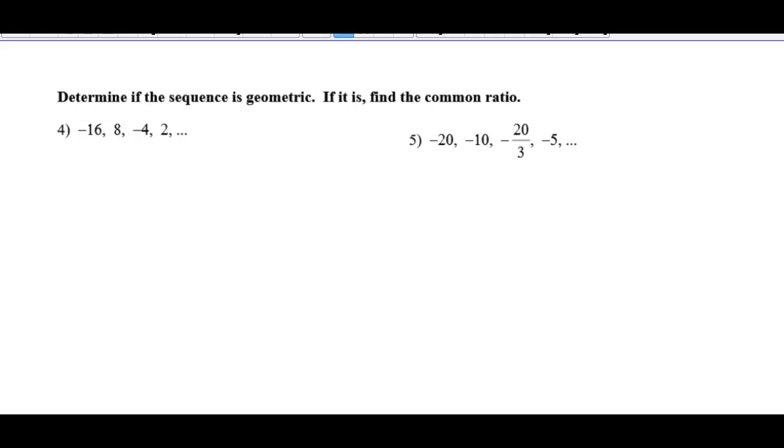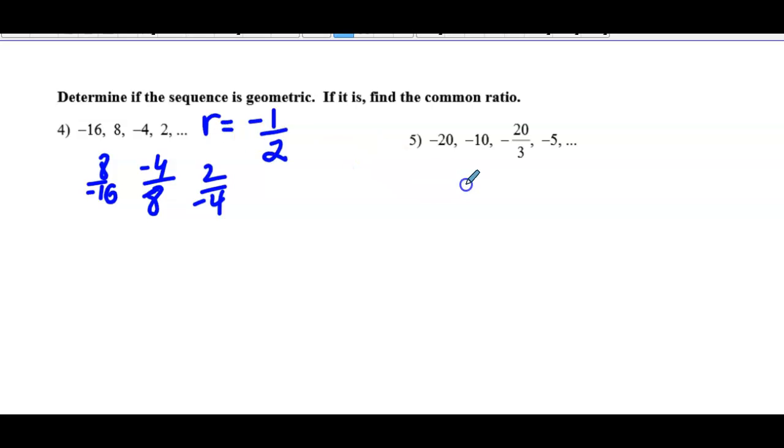So, if the sequence is geometric, there's a common ratio. On this one, you could take 8 divided by -16, -4 divided by 8, 2 divided by -4. Every time the ratio is -1 half. Okay? So they kept multiplying by -1 half. So it is geometric.